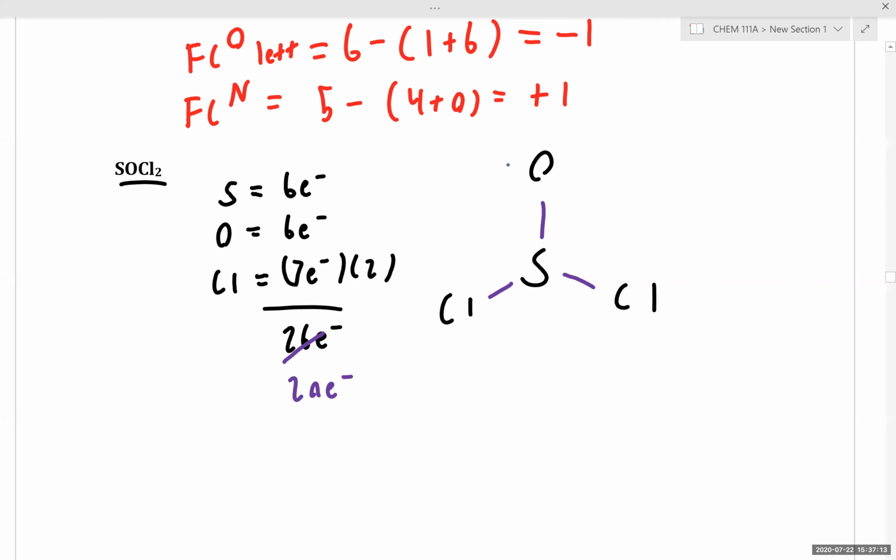So we need a total of 6 additional electrons for each of our atoms to have a complete octet. Right? Because each of our atoms has 2, we need 6 additional to make a total of 8. Does that make sense? Did that address that question?